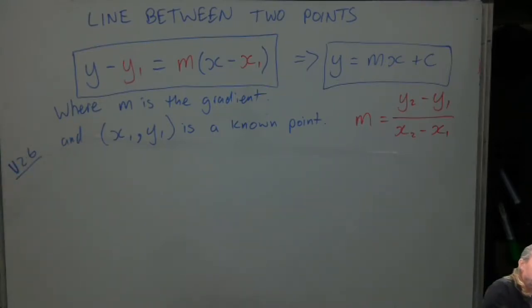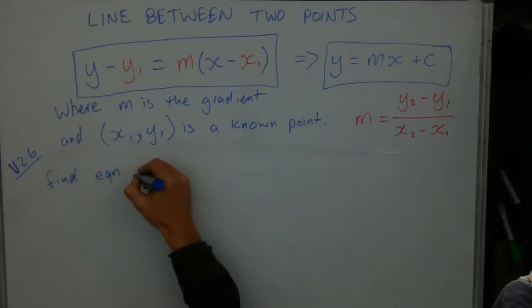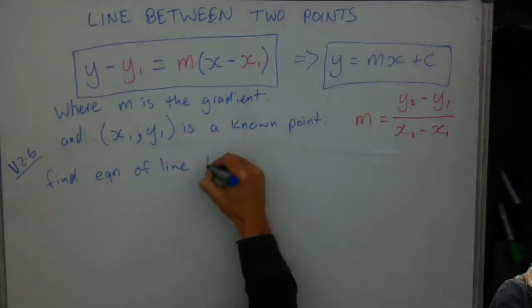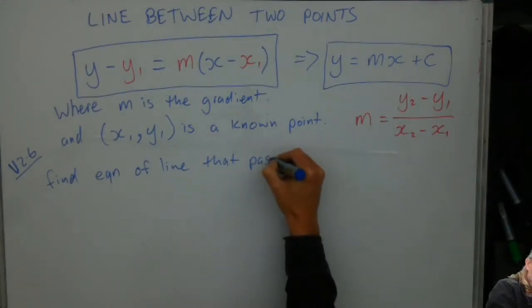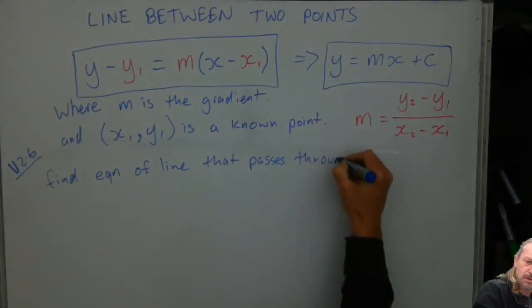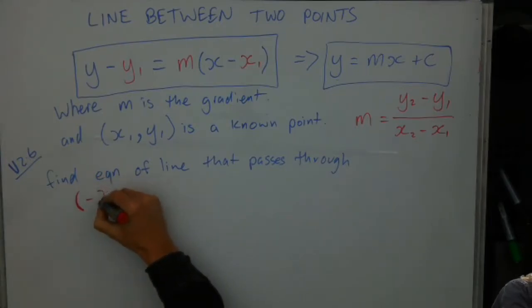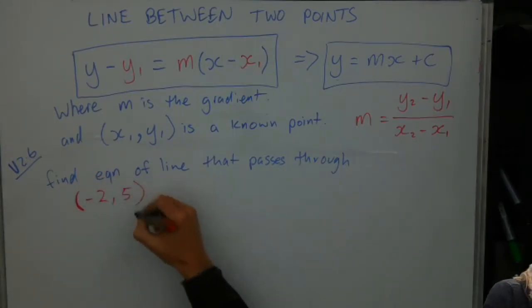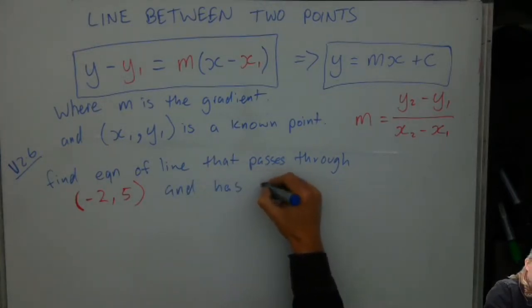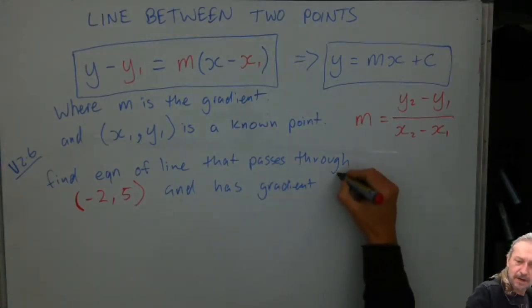Find the equation of a line that passes through -2, 5 and has gradient 3.